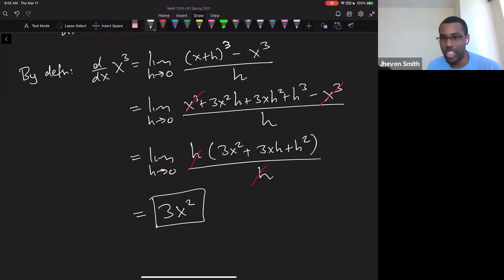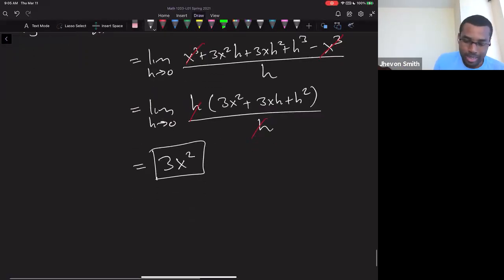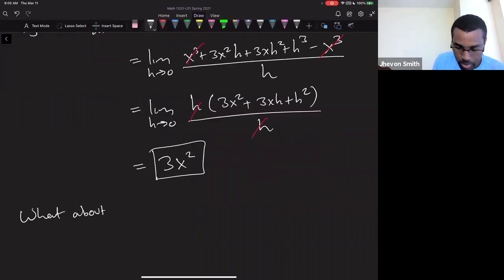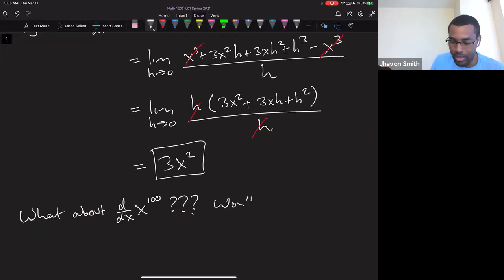How do you know that happens in general, though? What about the derivative of x to the 100? Won't want to do that. What about something even crazier?